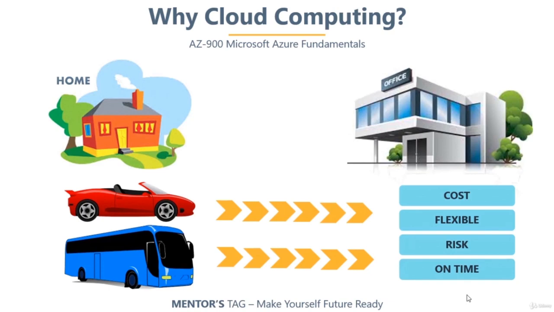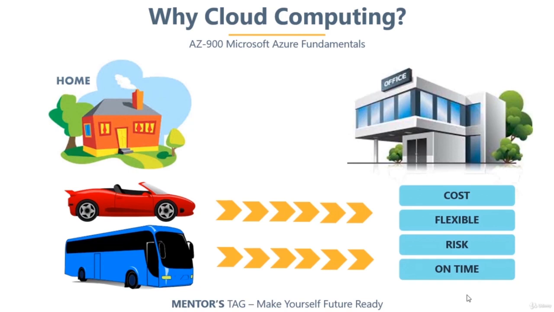Also, I need a huge investment to maintain that vehicle and keep it running every time. Also, if you're driving your own car, you need to know driving, and you have some extra expenses like a driving license and other things. While in the other case, the cost involved with public transport is very little compared to your own personalized vehicle.